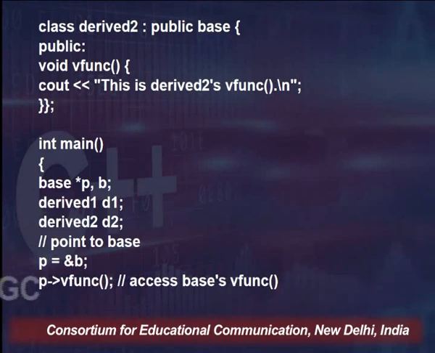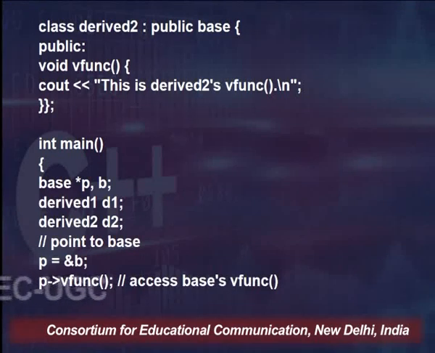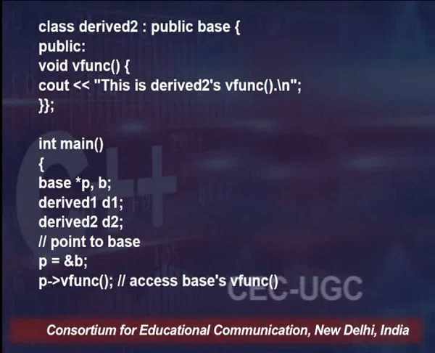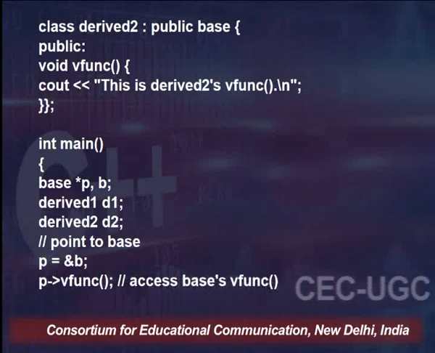That means within that pointer we are storing the address of the object of the base class, named b. Now using that pointer p, we are calling this vfunc by using the arrow operator, so we have written p, arrow operator and vfunc.